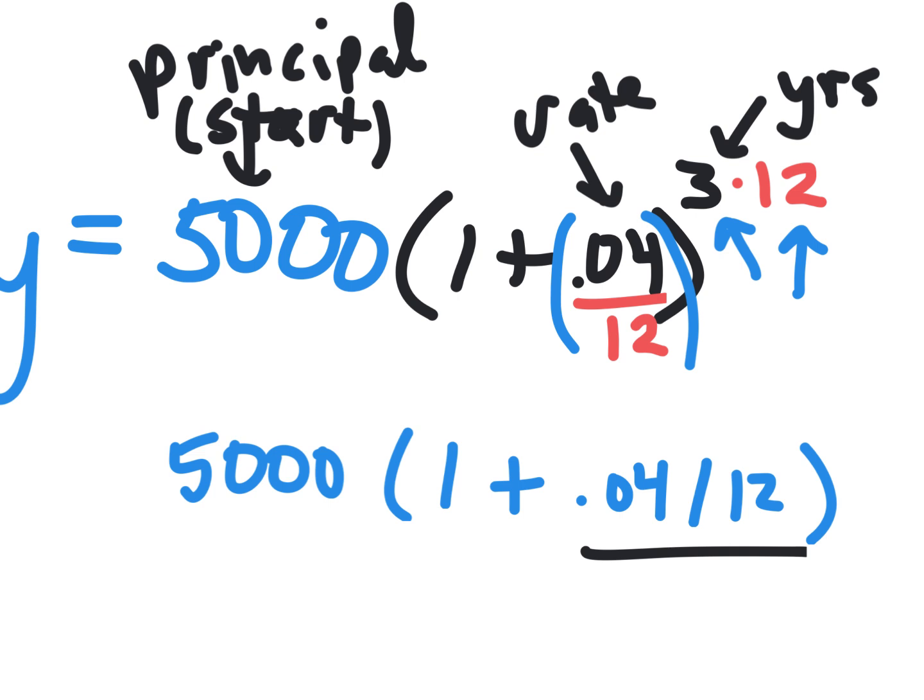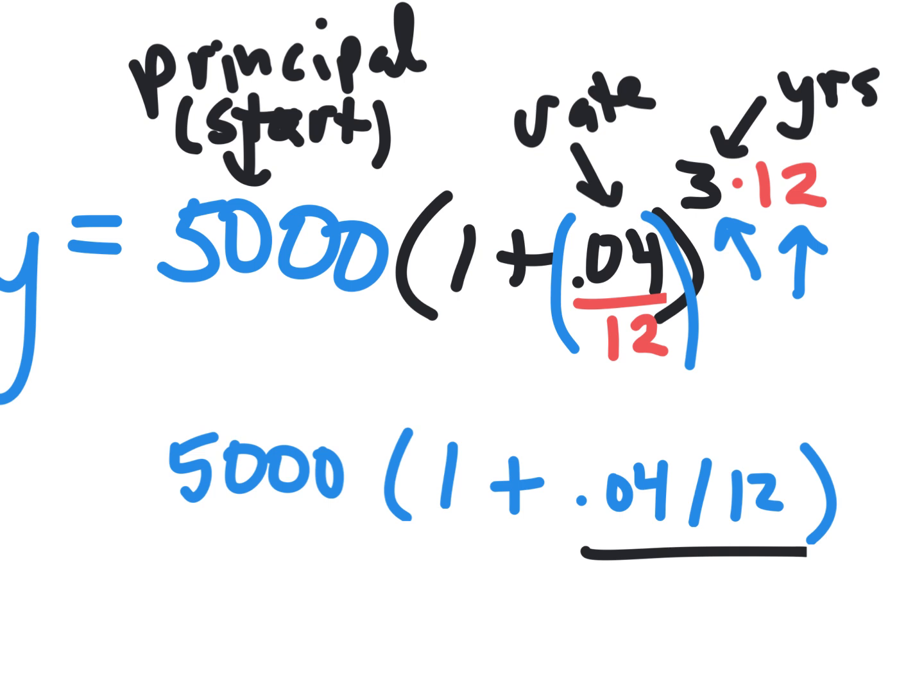The calculator is programmed with those rules. So as long as you type it in exactly how you see it here, the divide will happen first, because you're not going to get 4% every month. You're going to get 4% divided by 12 every month.